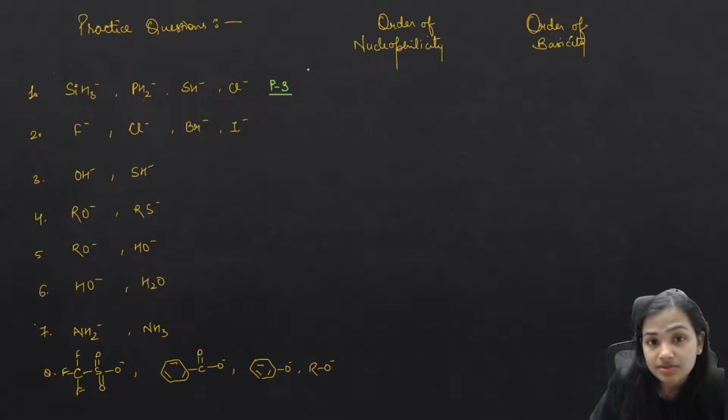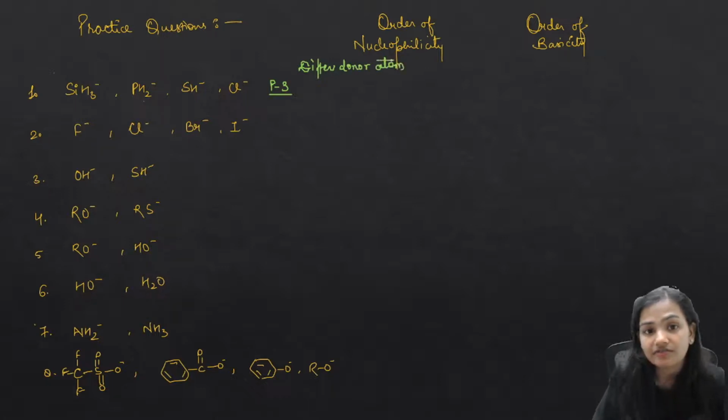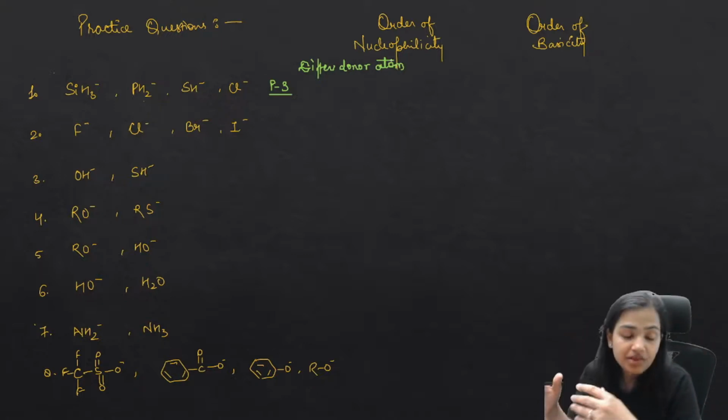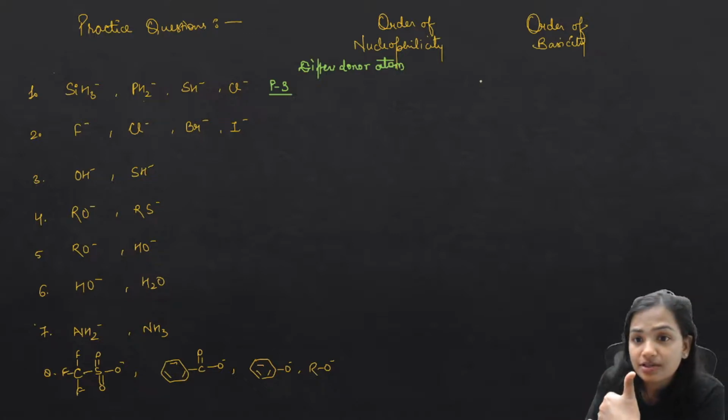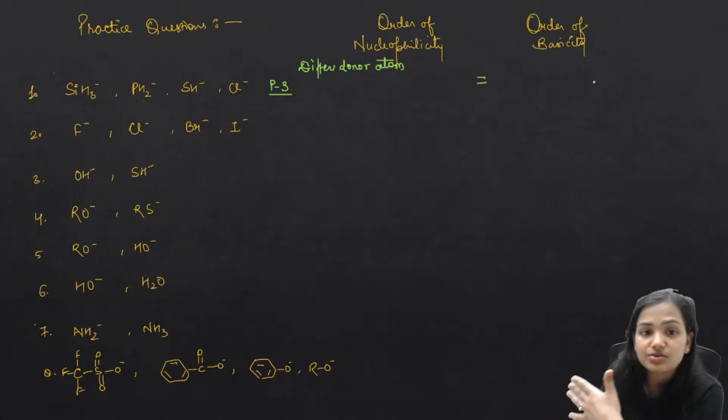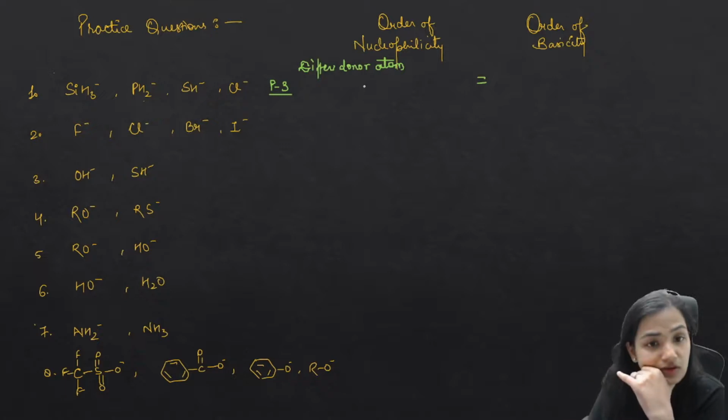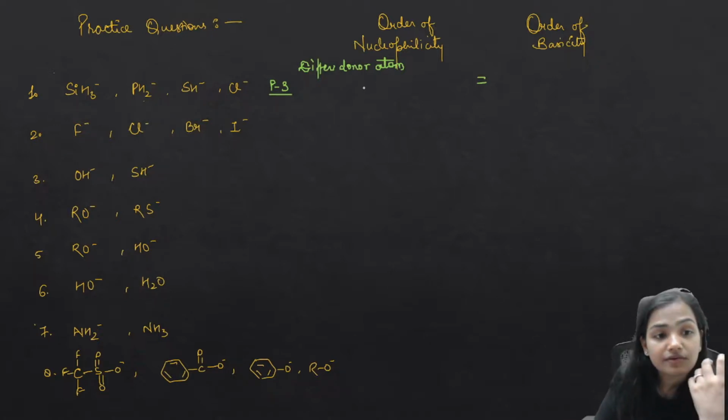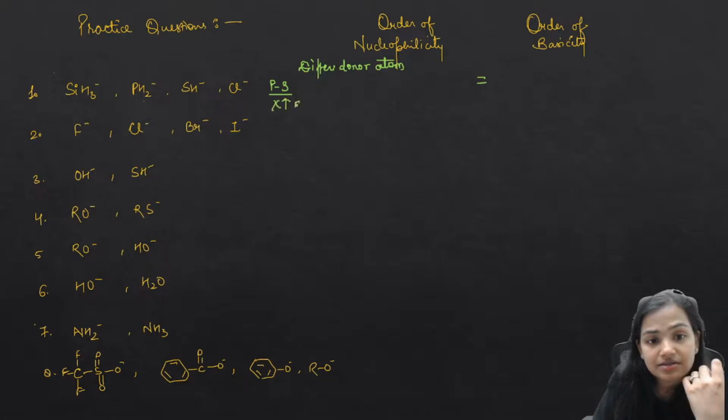For different donor atoms of the same period, this was a special case, so here the order of nucleophilicity and basicity is going to be the same. On which factor does it depend? It depends upon electronegativity. Electronegativity increases, basicity decreases, nucleophilicity also decreases.